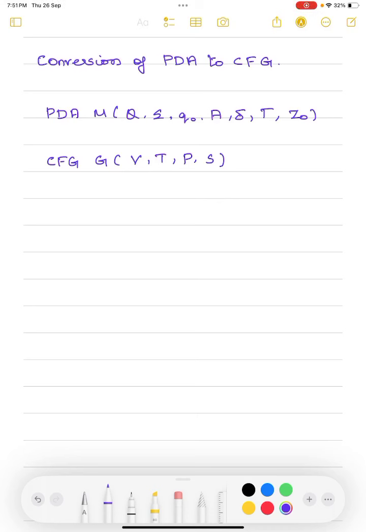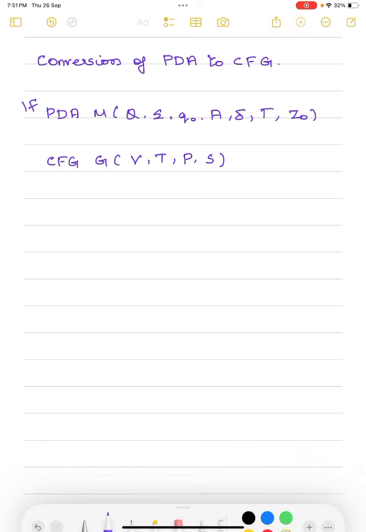We'll see about conversion of push-down automata to context-free grammar. If you are given a PDA M of Q, sigma, gamma, delta, Q0, Z0, A, then we can have an equivalent context-free grammar.